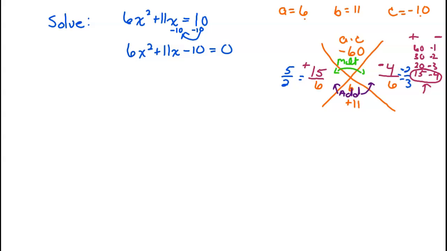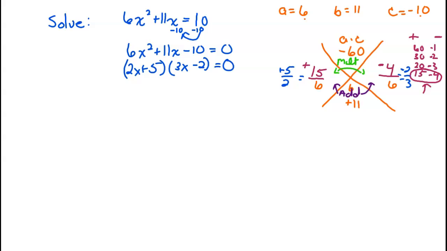So that's a negative 2 and a 3. When I put them over here, my denominator is going to go in front of the x. And remember that this is positive, so I get a 2x plus 5. Here, my denominator goes in front of my x, so 3x minus 2 equals 0.